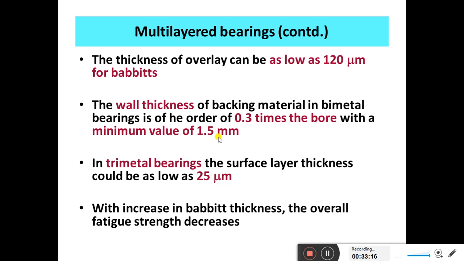If it is a trimetal bearing, the surface layer thickness could be as low as 25 microns. With an increase in the Babbitt thickness, the overall fatigue strength decreases. If you increase the thickness of this layer, it will decrease the fatigue strength.